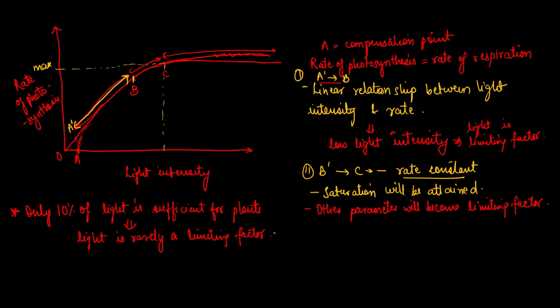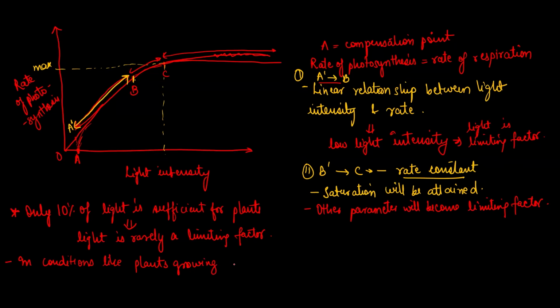So out of the four factors that we studied, light is rarely a limiting factor. But in certain situations, light can act as a limiting factor. For example, in conditions like plants growing under a canopy or shady region.